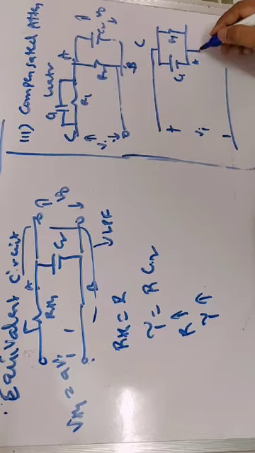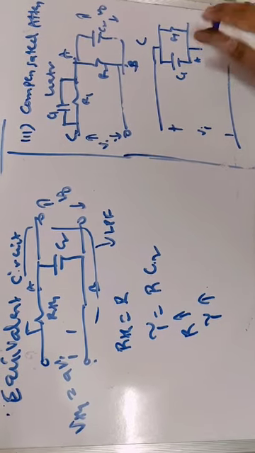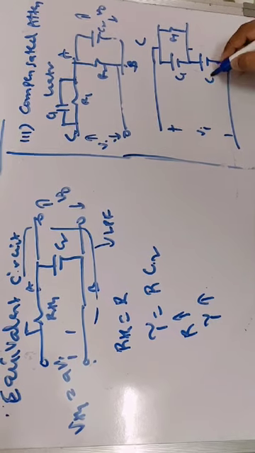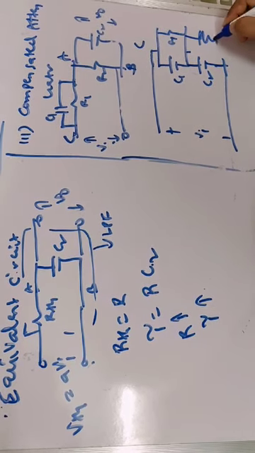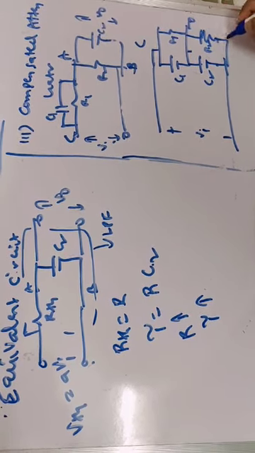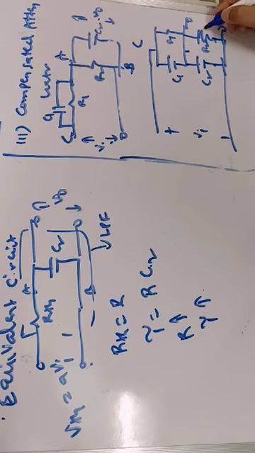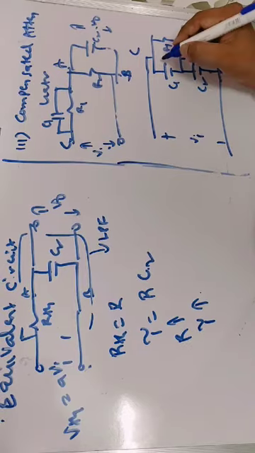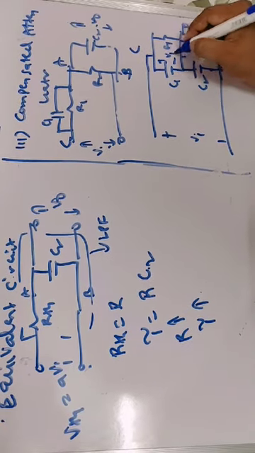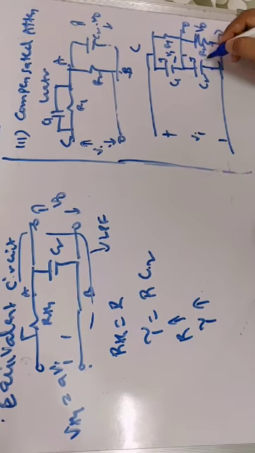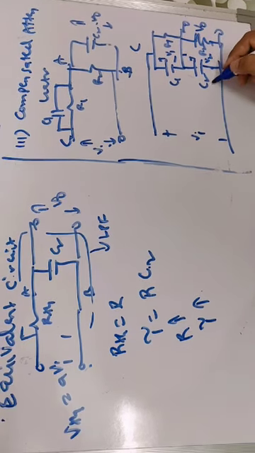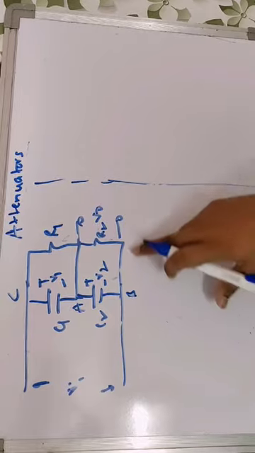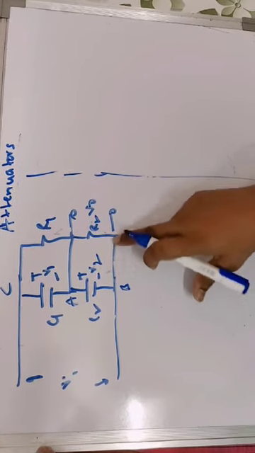Between A and B, the elements connected are C2 and R2. The output is taken across the combination of R2 and C2, that is the output voltage. Let us take the voltage across C1 as V1, and the voltage across the capacitor C2 as V2. So this is a compensated attenuator.